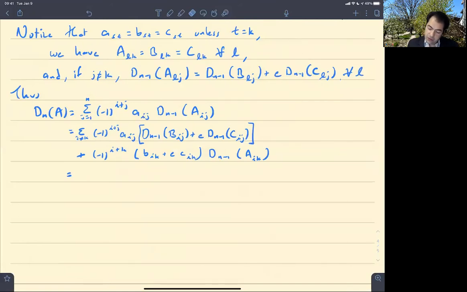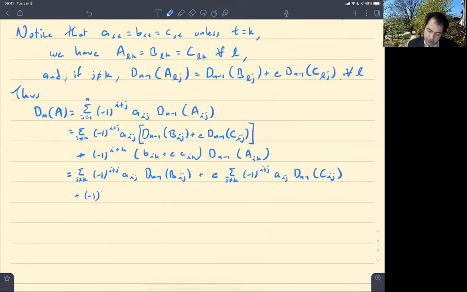I can write this first sum, j goes from 1 to n, j different from k, of (-1)^(i+j) times B_ij times D_{n-1} of B_ij, plus, with the common factor of e, the sum over j different from k of (-1)^(i+j) times C_ij times D_{n-1} of C_ij. Let me do this in two steps. First, I'm just going to separate this out into terms with B and terms with C.